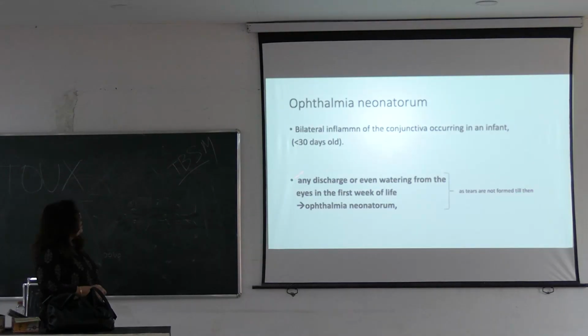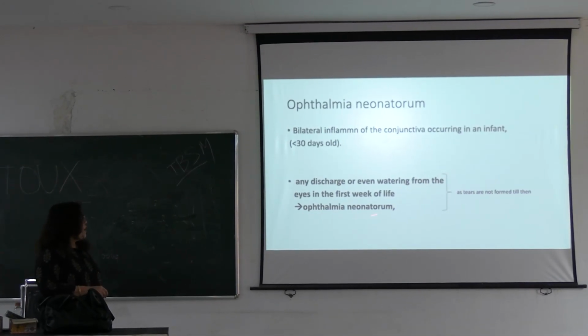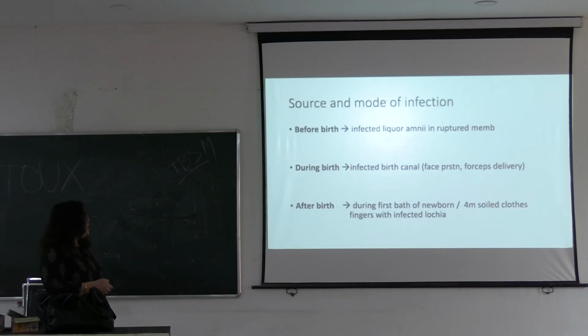So ophthalmia neonatorum mostly affects children below 30 days, and if watery discharge is present in the first week of life, it is called ophthalmia neonatorum.